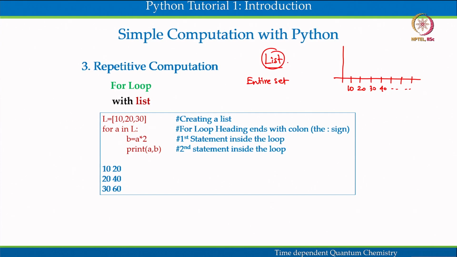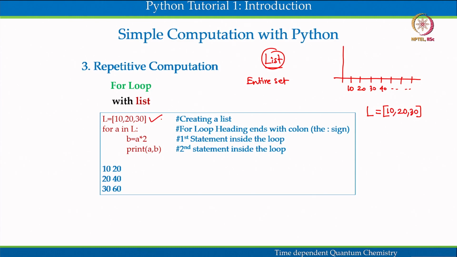And this list name can be given anything, L, or it can be given M, anything, but it will be specified within this square bracket, and each number will be separated by comma. So I'm specifying the list as 10, 20, 30, and that's the way we have written.